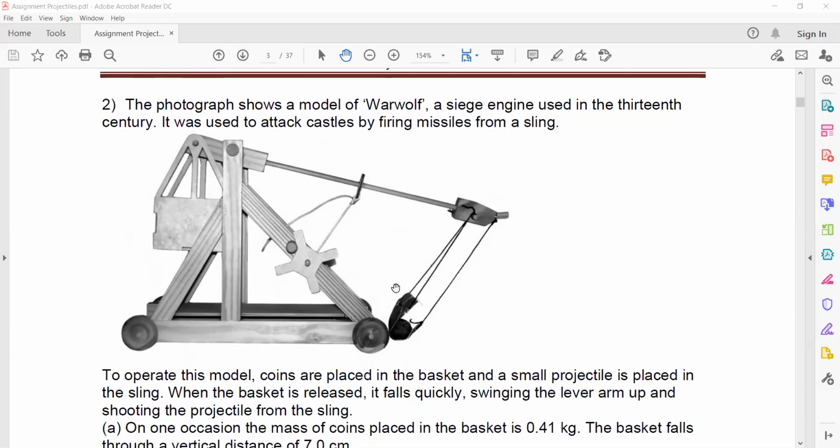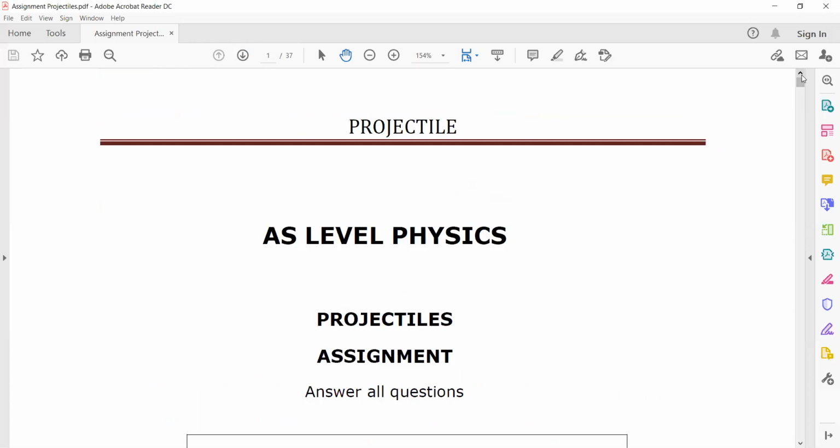Any other question or doubt related to this exercise of the projectile? Is it clear?